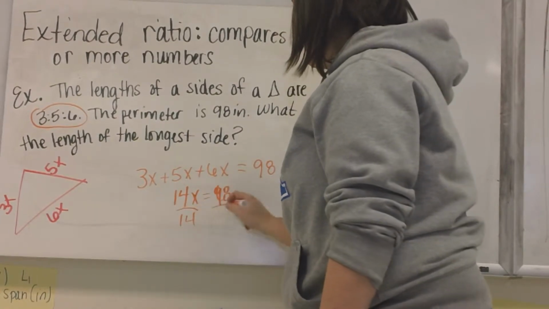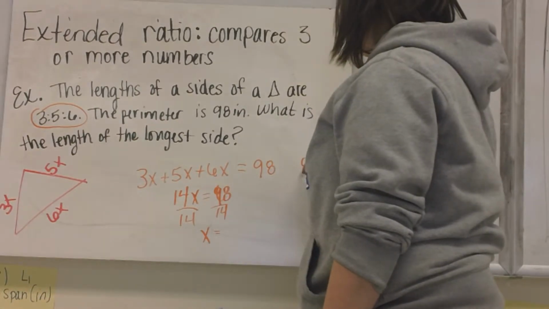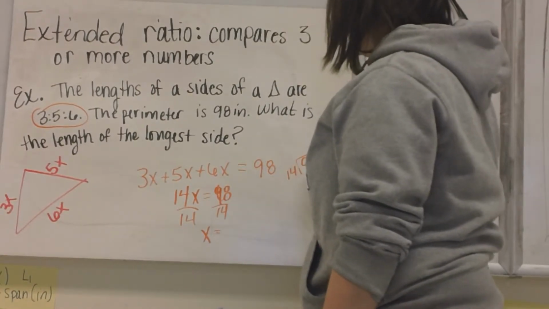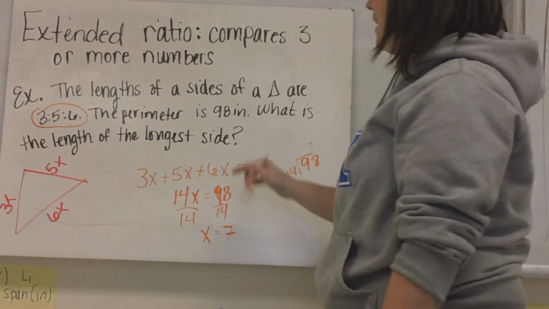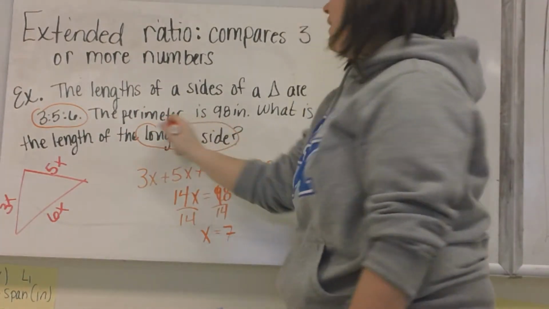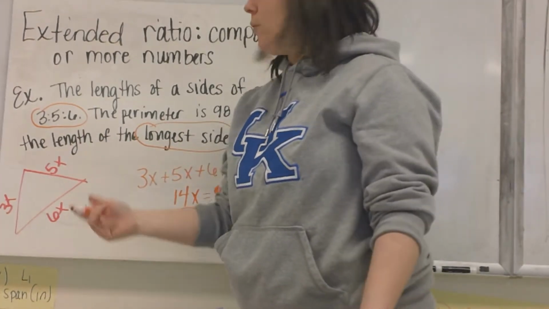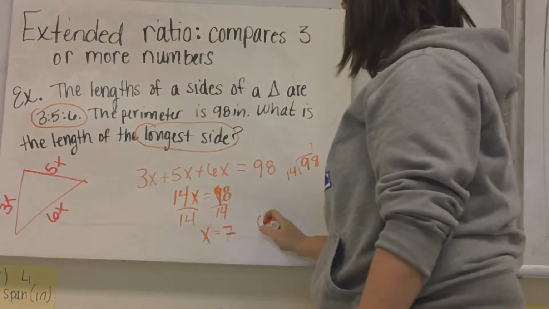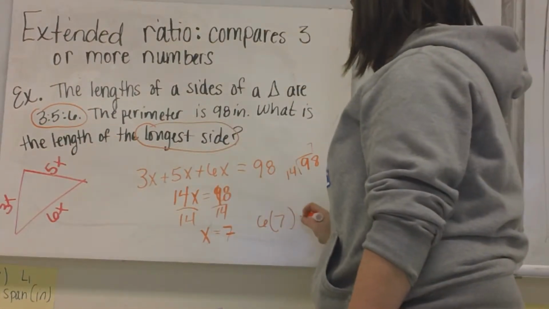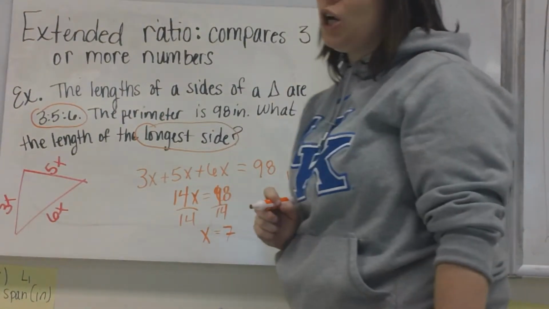So divide by 14. So x equals 7. Okay? Now it says what is the longest side? So the longest side is the largest number in our ratio, so it's 6. So to find our longest side, we're just going to simply do 6 times 7, which is 42 inches. That would be our longest side.